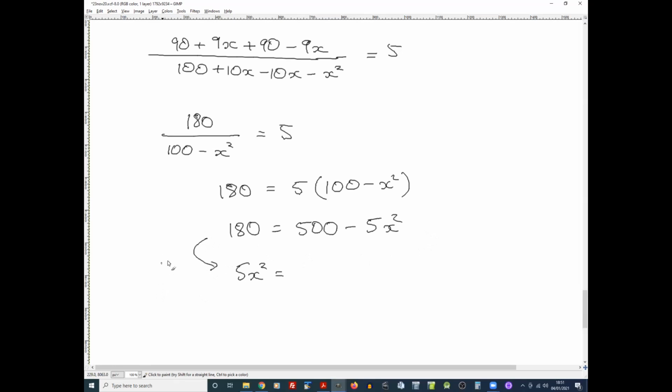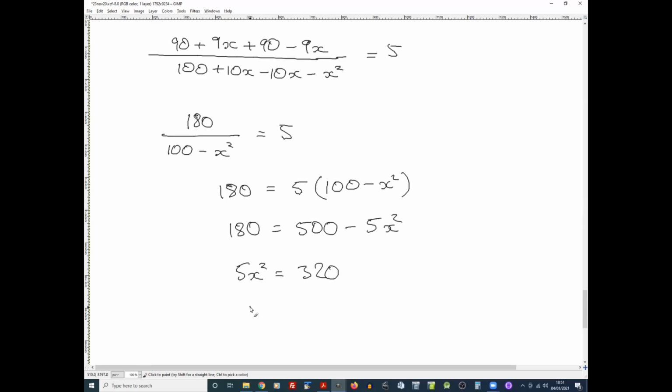We tend to leave that out and just give the result. 500 minus 180 is? 320. Lovely.